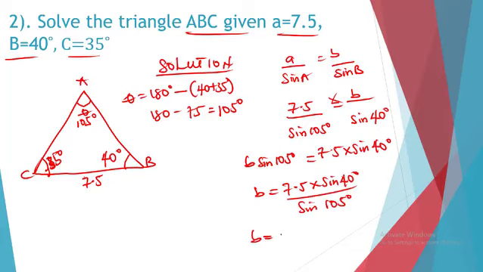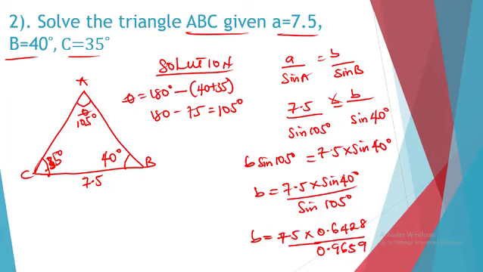b is equal to 7.5 times the value of sine 40, which is 0.6428, all over sine 105, which is 0.9659.